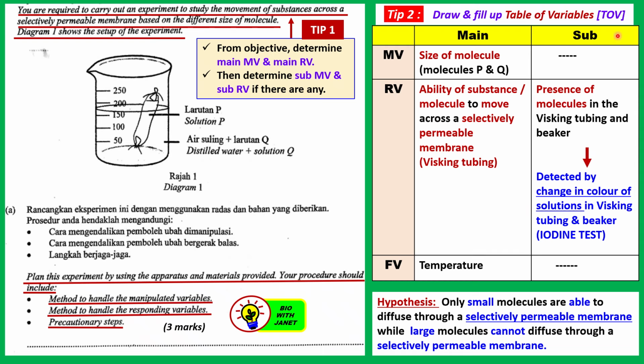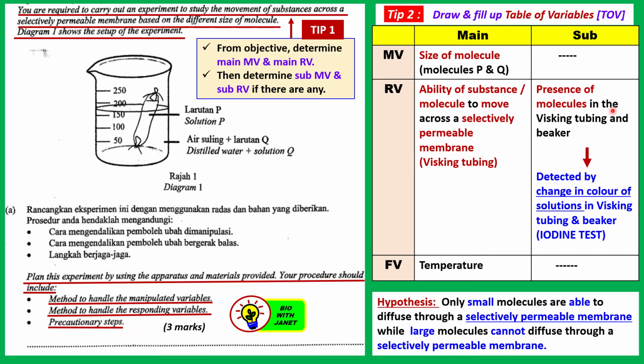So sub. Now the sub MV, there's no sub MV. The main MV is retained in the experiment. Now, how about the sub-RV? So sub-RV is the data that you collect or whatever you measure in the experiment. To find out the ability of molecule P and Q to move across the Visking tubing, we have to detect the presence of molecules P and Q in the Visking tubing and beaker.